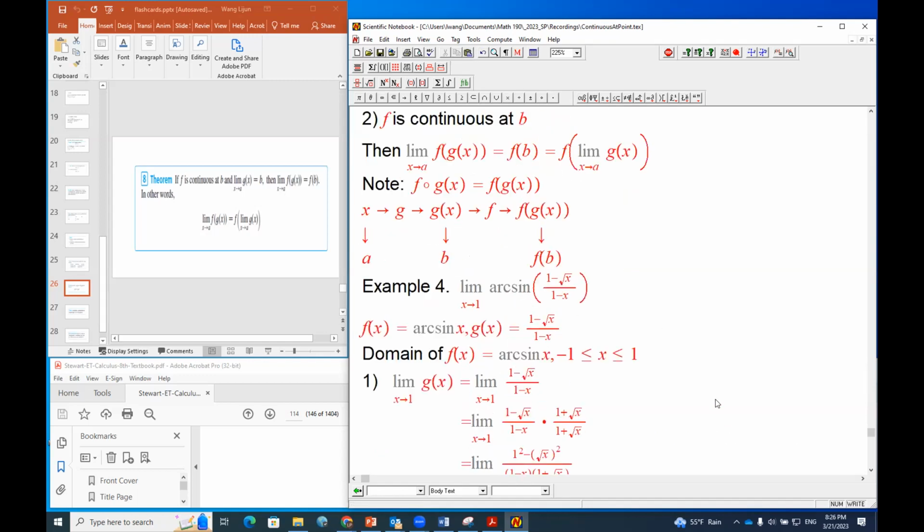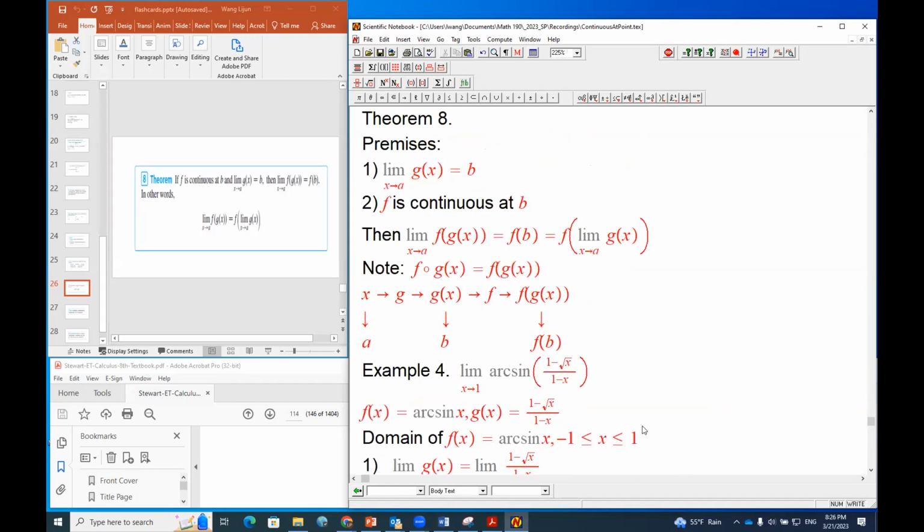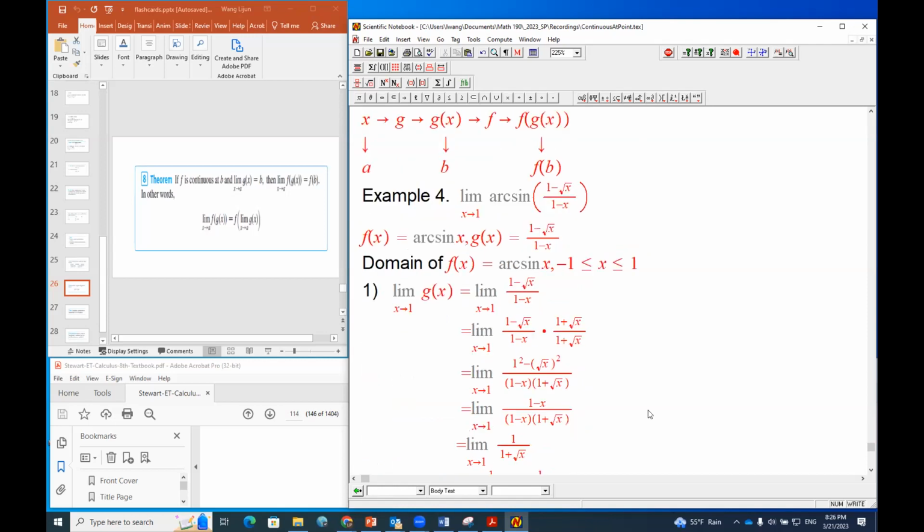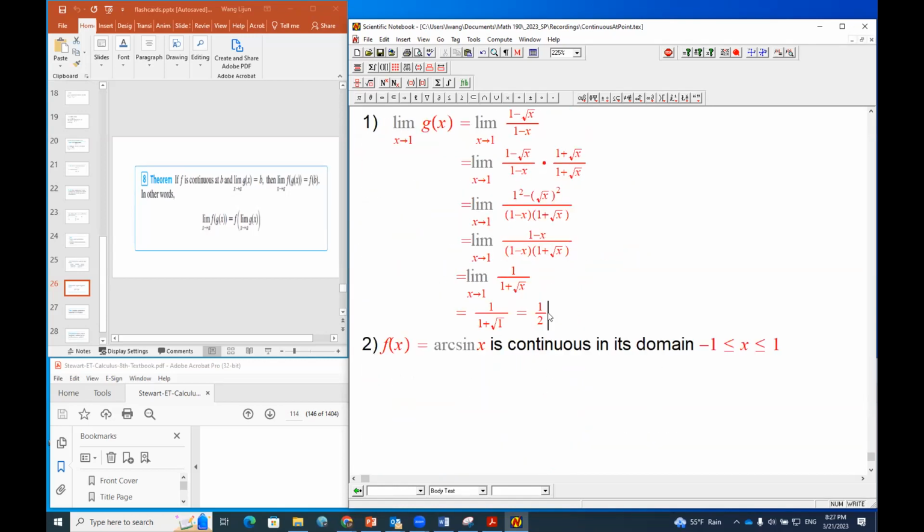So let's see what the conditions are. Have we checked them all? If it's continuous in its domain, it is certainly continuous at 1/2 because 1/2 is in this domain.